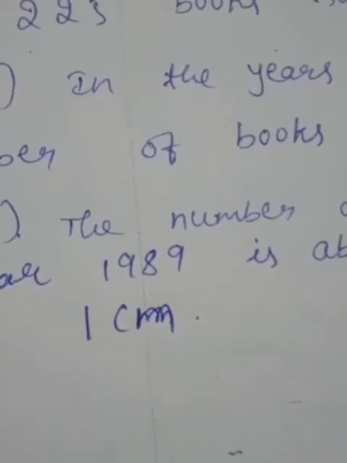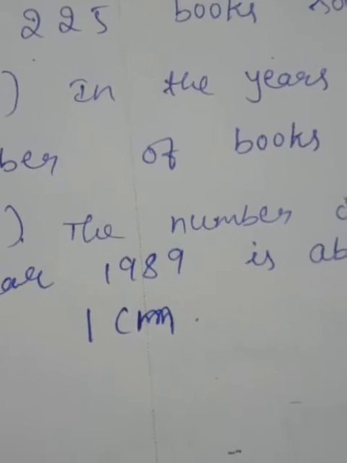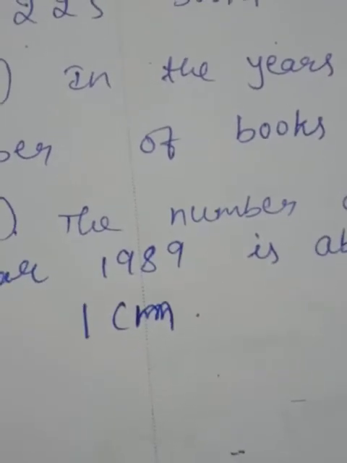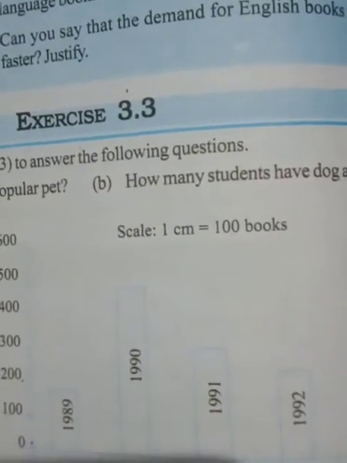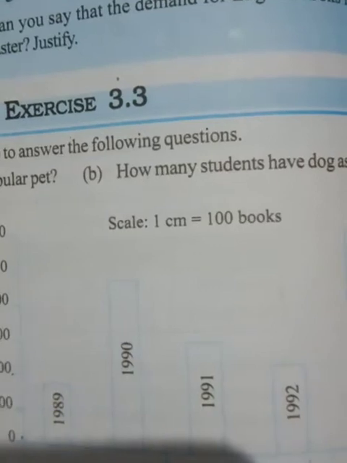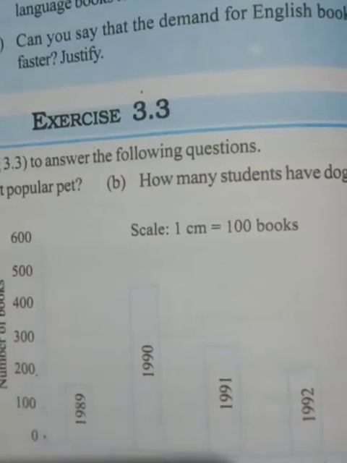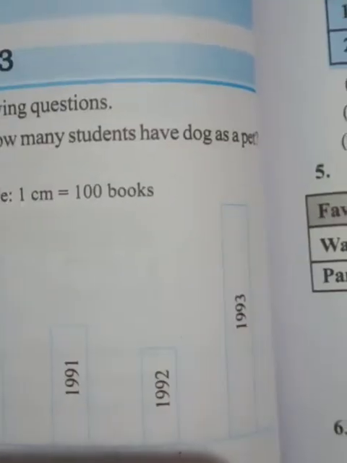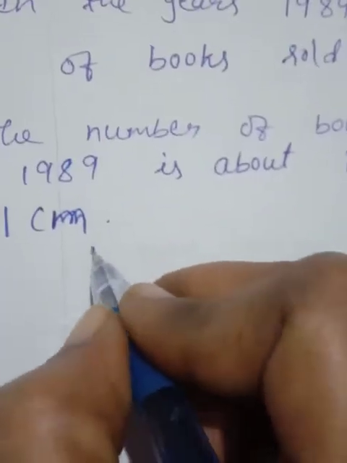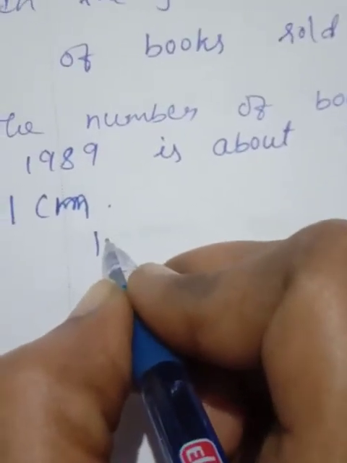Okay, in 1989 also it is of 1 3/4 part, and then in 1990 it is 4 3/4 part, and then here 1991 that is 2 3/4 part, and 1992 it is 2 1/4 part. Okay, like that we have concluded how many books were sold.